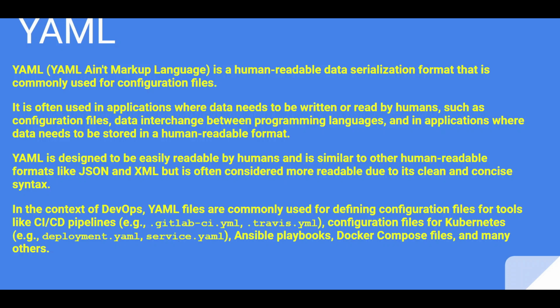YAML is designed to be easily readable by humans and is similar to other human readable formats like JSON or XML, but it is often considered more readable due to its clean and concise syntax.